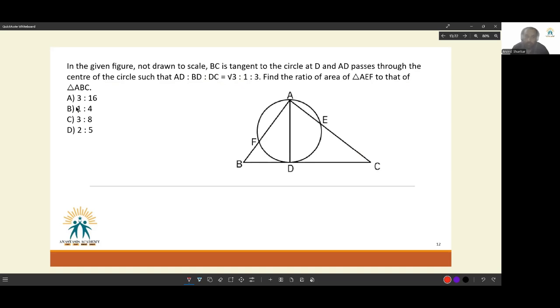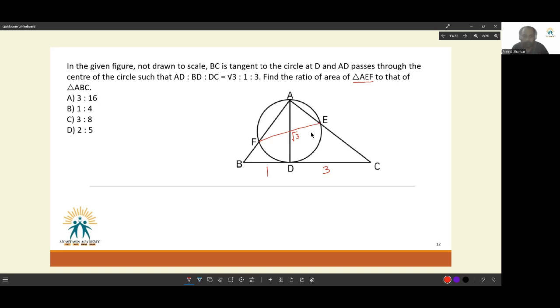Next, in the given figure, not drawn to scale, BC is tangent to the circle at D, and AD passes through the center of the circle such that AD is to BD is root 3 is to 1, and DC is 3. Okay. Find the ratio of area of AEF to that of ABC.